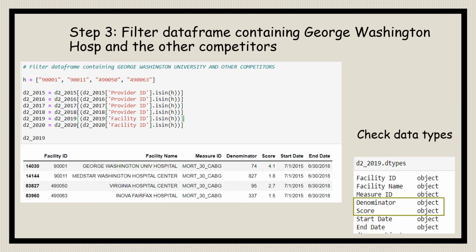I have included the data types for 2019, and as you can see, the denominator and score have a data type of object, and this should be changed to a numeric data type for calculating the average score of the competitors.